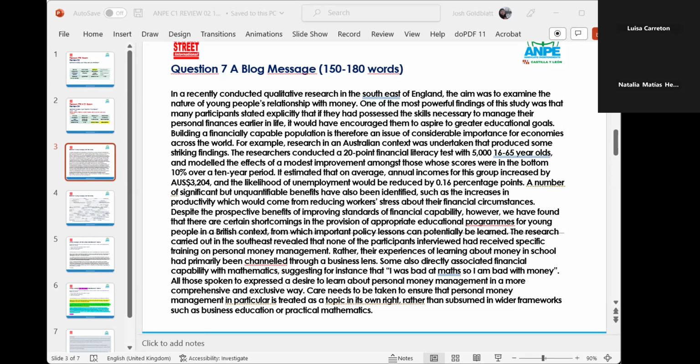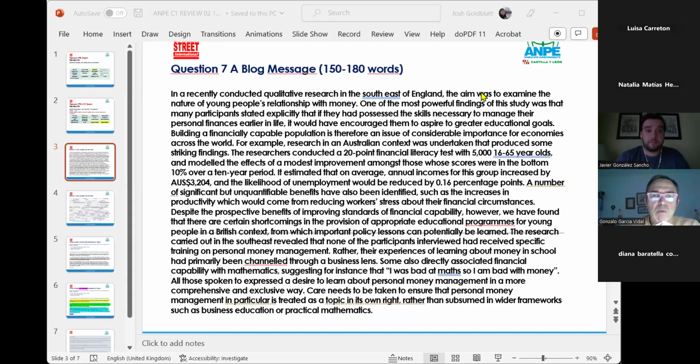Where are you? I'm in my room. Which city? In Salamanca. Okay. Are you working or studying? I'm studying for being a teacher. All right. Brilliant. Excellent. Great.